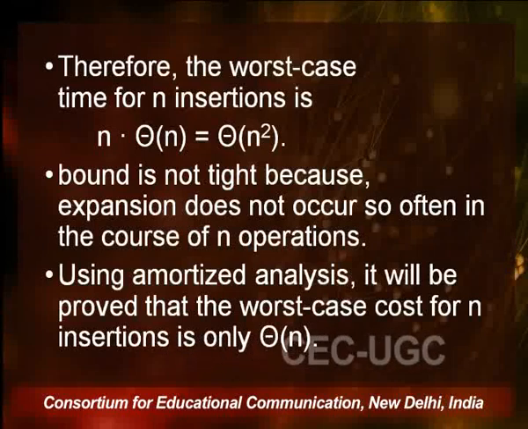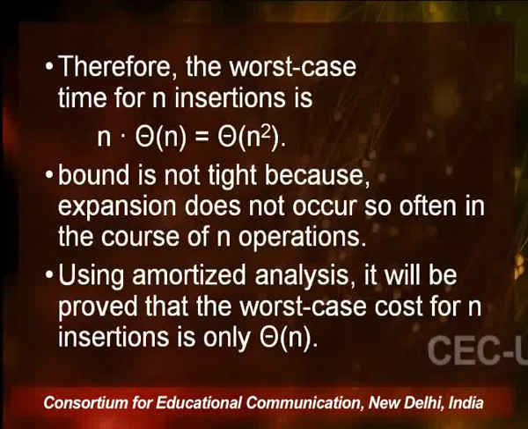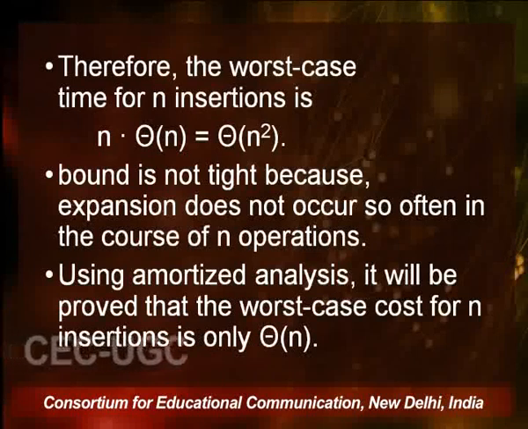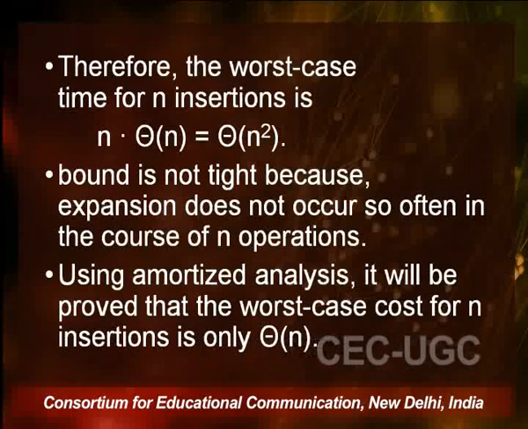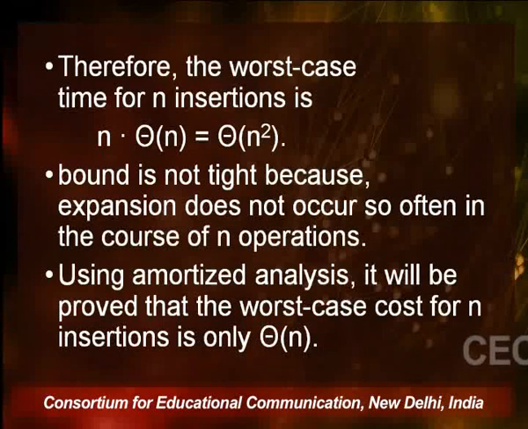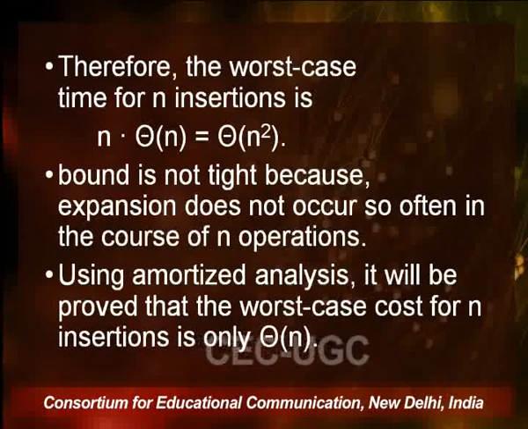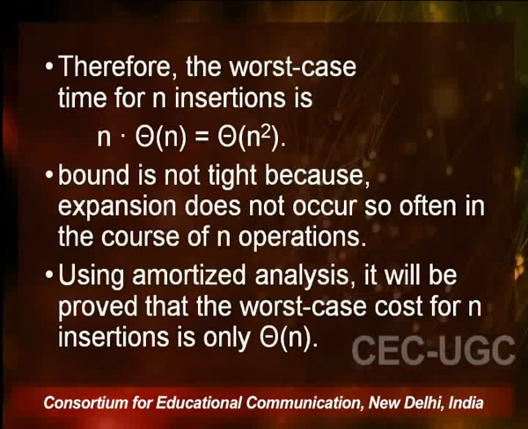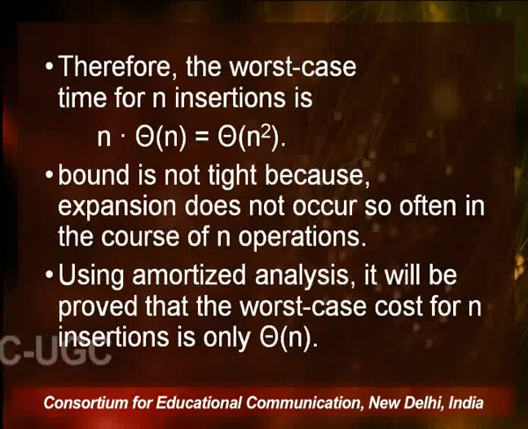That means it is a linear factor of n, not a quadratic factor of n, and this is a huge improvement. Cutting down from quadratic to linear, from theta n square to theta n, is obviously something very remarkable. So using amortized analysis, we are going to prove that the worst case cost for n insertions is only theta n, not theta n square.